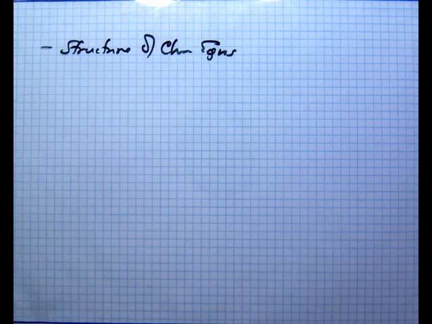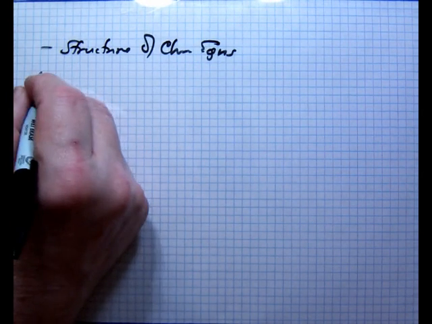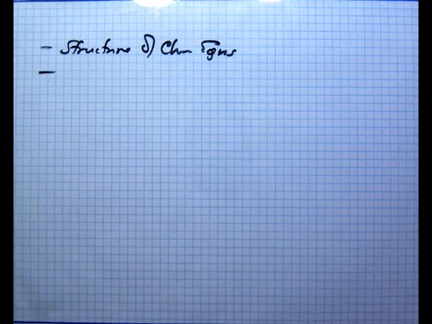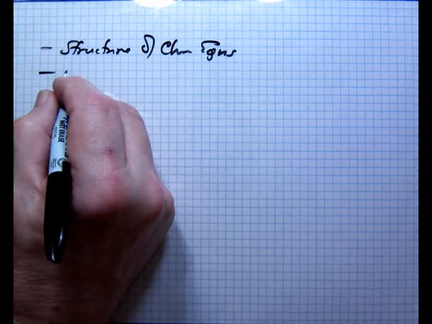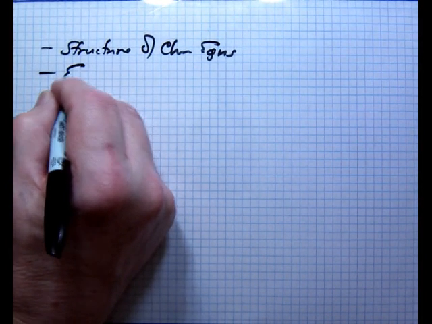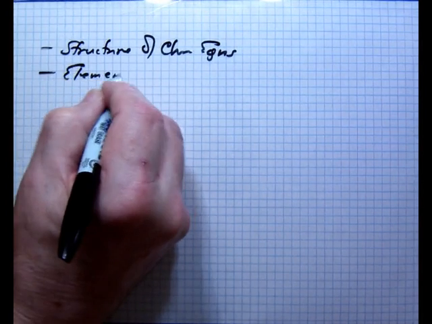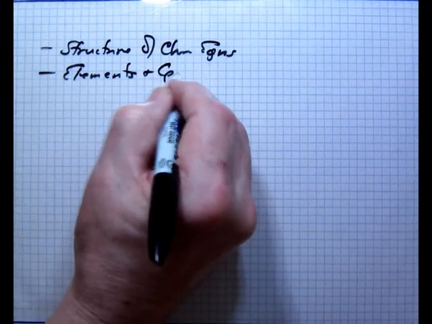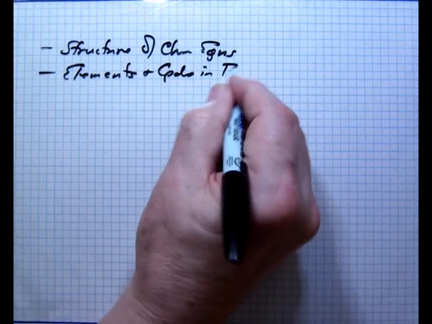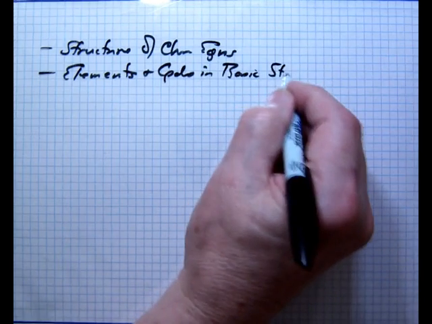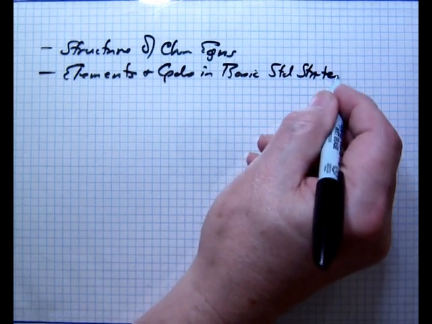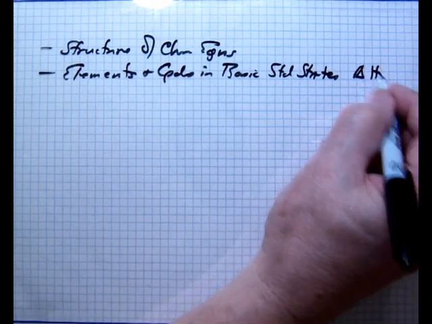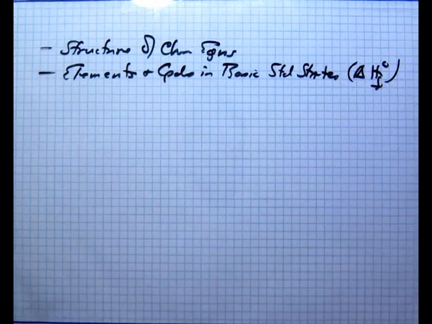We talked about structure of chemical equations, reactants and products. That's all you really need to worry about. Writing chemical equations, elements and compounds in basic standard states, you look up and see what delta HF is in the book. Now listen to me carefully if you miss this.